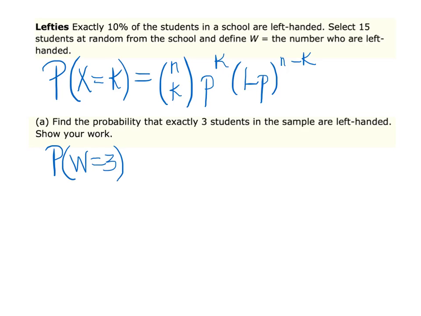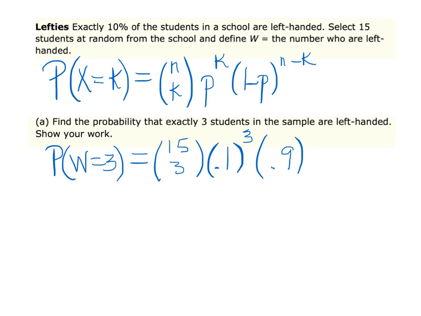If we follow that pattern for W being 3, then we're looking at 15 choose 3. Probability of success is 0.1. I'm interested in 3 successes. Probability of failure is 0.9. And if there are 3 out of 15 that are successes, then that means that there are 12 out of 15 that are failures.